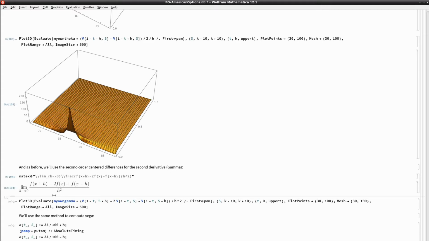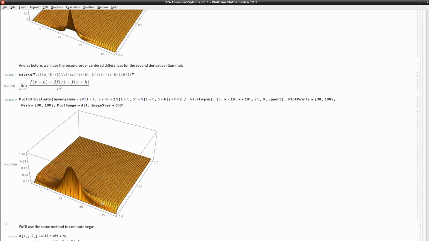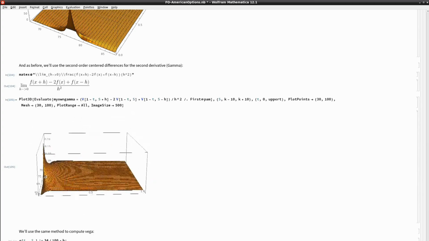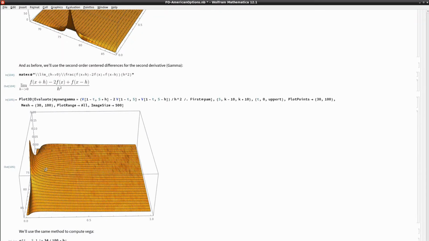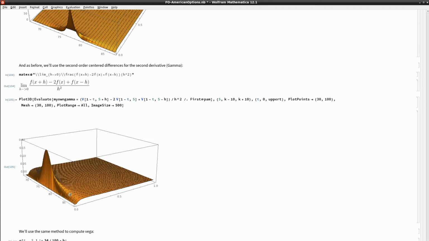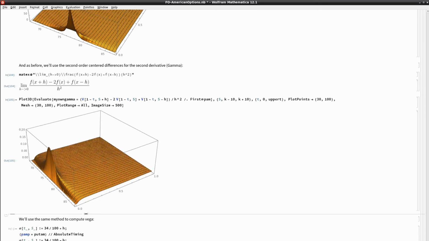Here we would have to compute 3 option prices, submit 3 trees just to compute 1 gamma, right? Whereas here we can do everything vectorially. So now let's plot it here. This is our gamma, again similar to the European case. We have a gamma spike up around the strike as time goes down to 0.